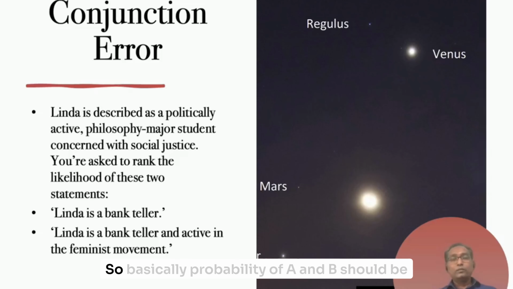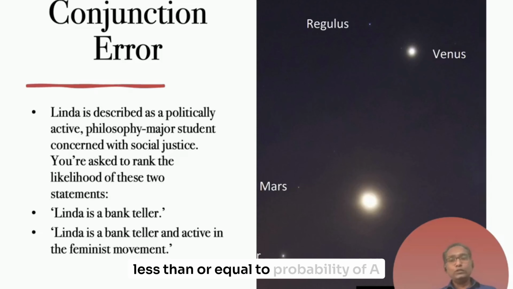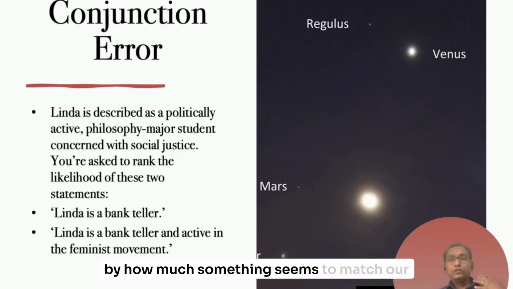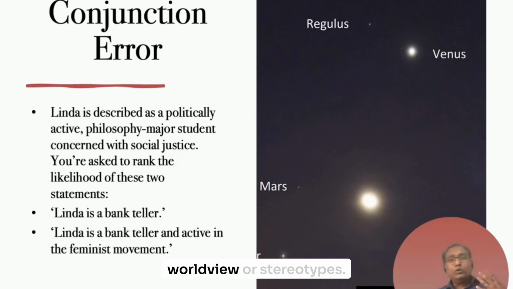So basically, the probability of A and B should be less than or equal to the probability of A multiplied by the probability of B. This is called the conjunction error. And this is driven by a heuristic, a rule of thumb called the representativeness heuristic, which is a tendency to judge probability by how much something seems to match our worldview or stereotypes.